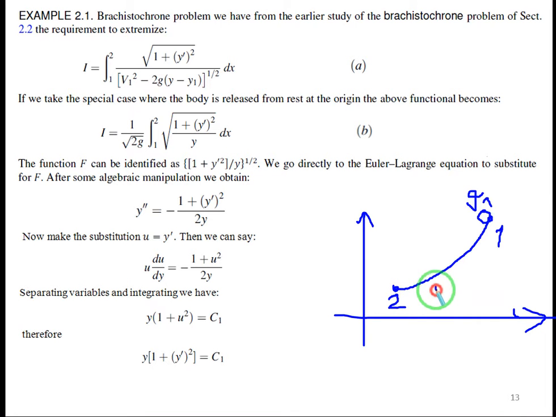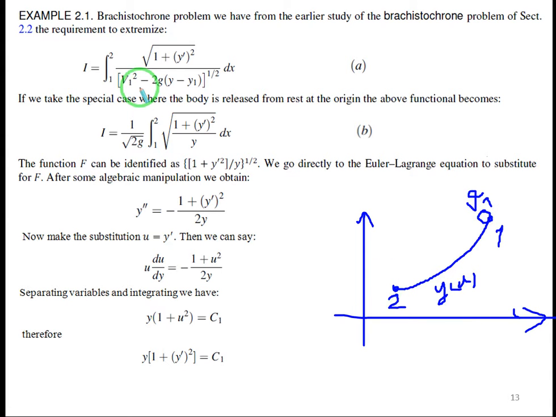y of x is unknown. We want to find y of x in order to have the minimum amount of time for the mass m to travel from point 1 to point 2.